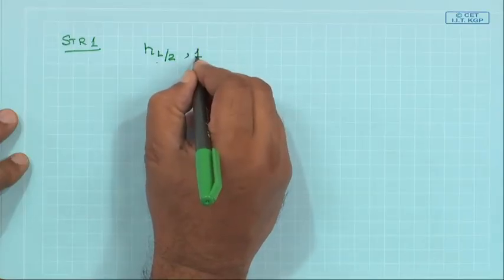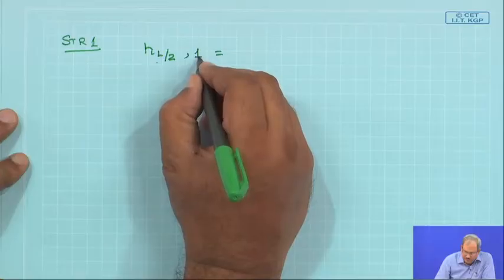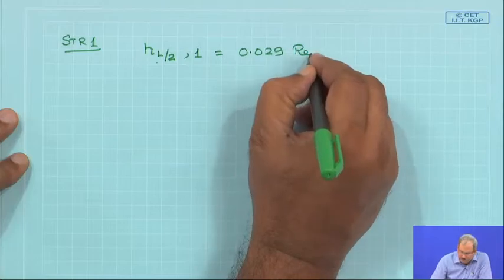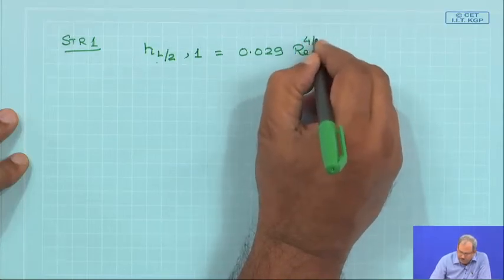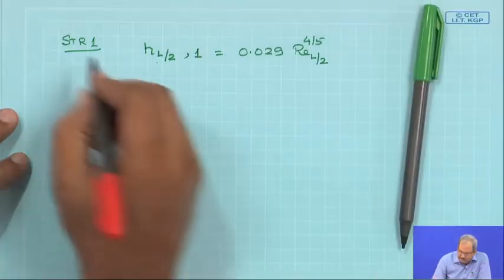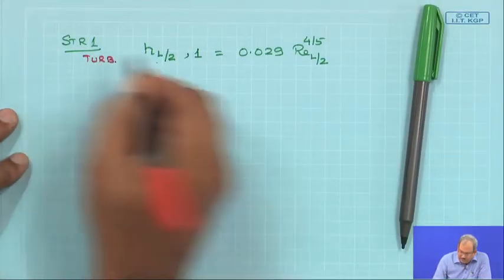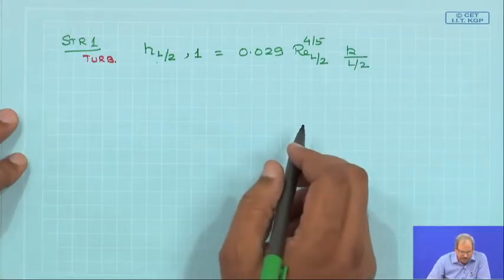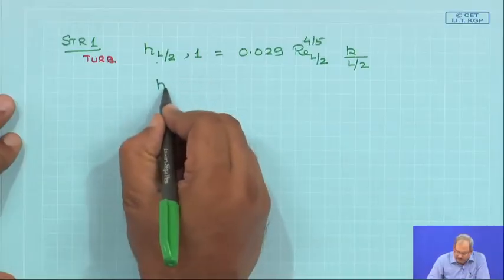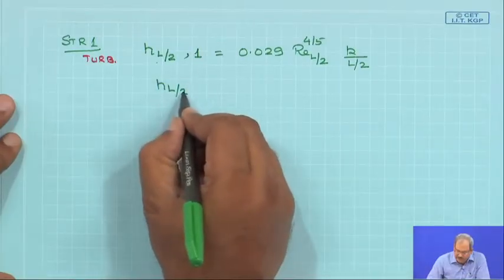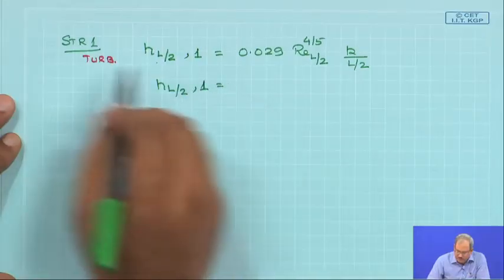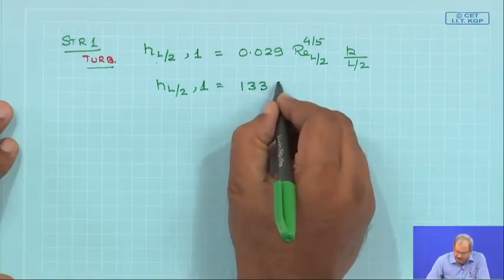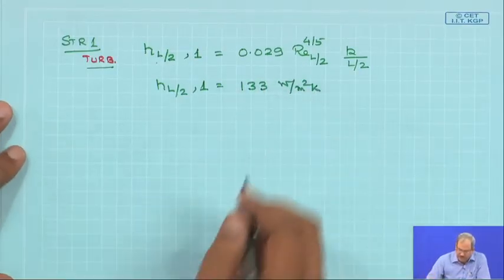If we use the correlation Reynolds number at L by 2 to the power 4 by 5, note that this is the turbulent condition, times k at L by 2, when you put the values in, you would see that h, the heat transfer coefficient at location L by 2 for stream 1, which is under turbulent condition, would turn out to be 133 watt per meter square Kelvin.